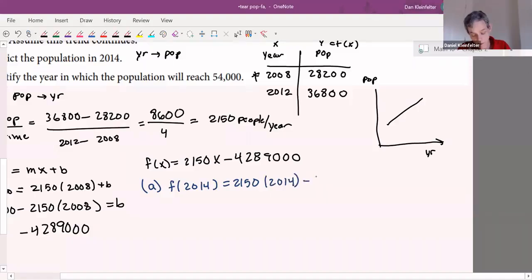Here the numbers would have been smaller if I had chosen to make 0 for 2008 and then 4 for 2012, and then for 2014 that would need to be 6, right? But here I just thought it was clearer, even though the numbers are larger. Okay, so then again, let's calculate.